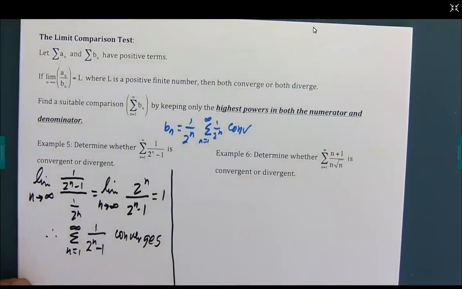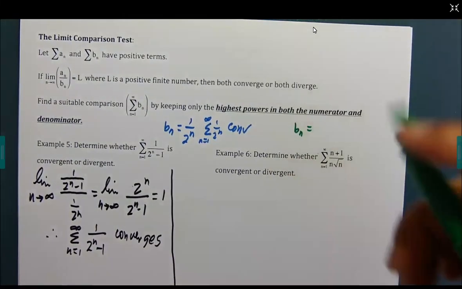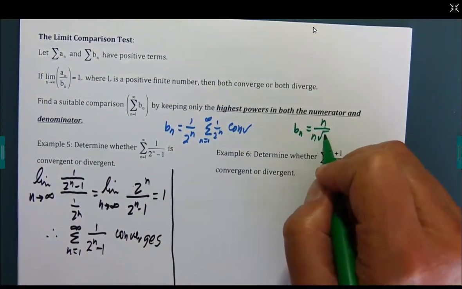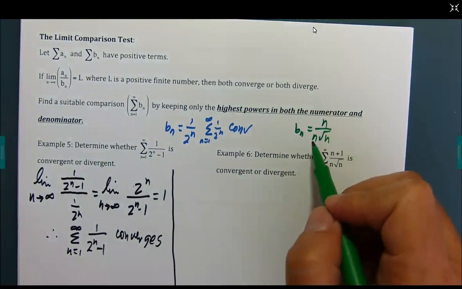All right, let's try number 6 here. For this one, my b sub n is going to be without the plus 1. And can you see that the n's are going to reduce?